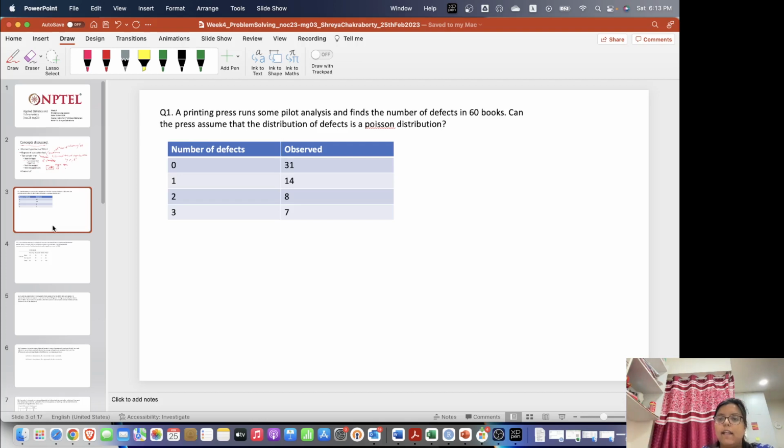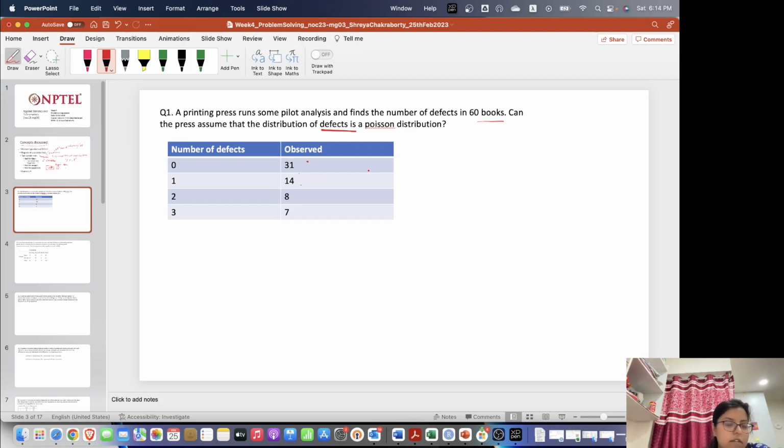The press runs the analysis for approximately 60 books and gets this distribution: there are 0 defects in 31 books out of these 60 books, 1 defect in 14 books, 2 defects in 8 books, and 3 defects in 7 books. So the question is, can the press assume that the distribution of defects is a Poisson distribution?